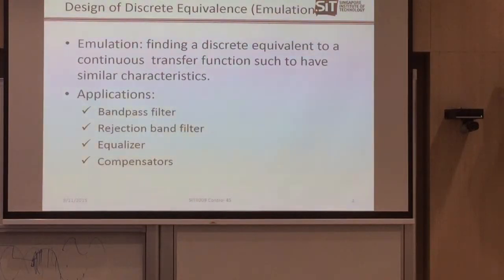Even though your PID is the same, even though your dynamics modeling is the same, even though your S function is the same, by adopting unit forward or backward, your answers will be different. So the mapping is not unique. And today we are going to introduce how we can find a certain equivalent, or so-called discrete equivalent, to your S function.